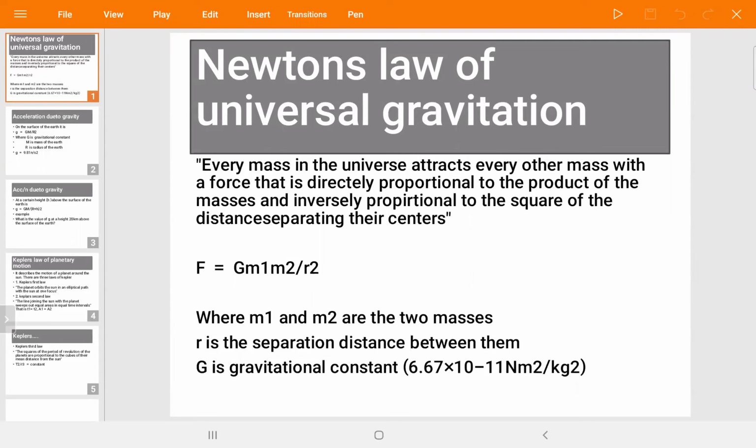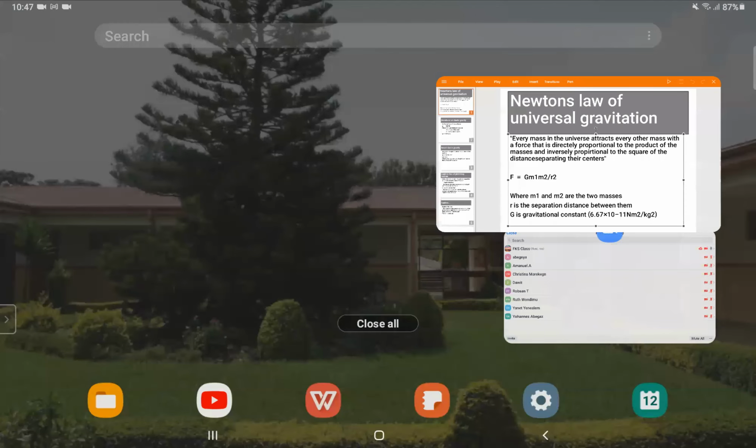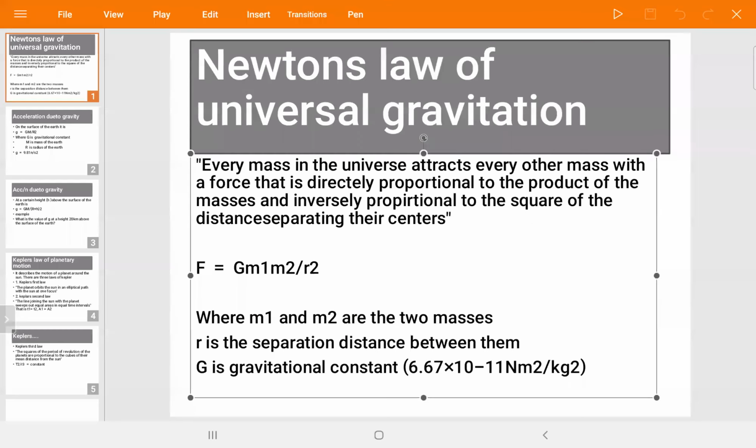Mathematically, this can be expressed as the gravitational constant times the mass of body 1 times the mass of body 2 over the separation distance squared. The separation distance is the distance or gap between the centers of the two bodies.